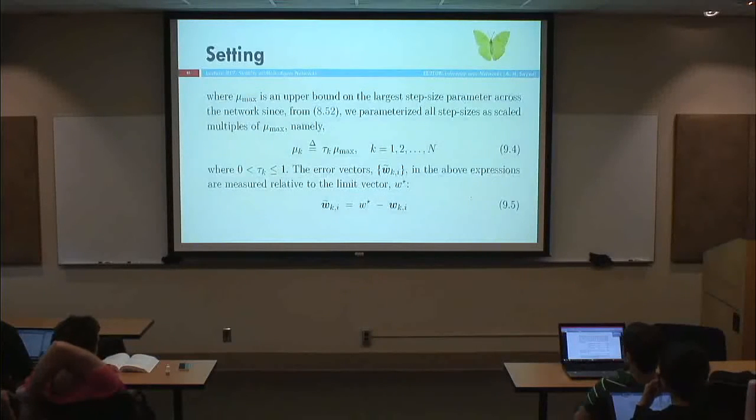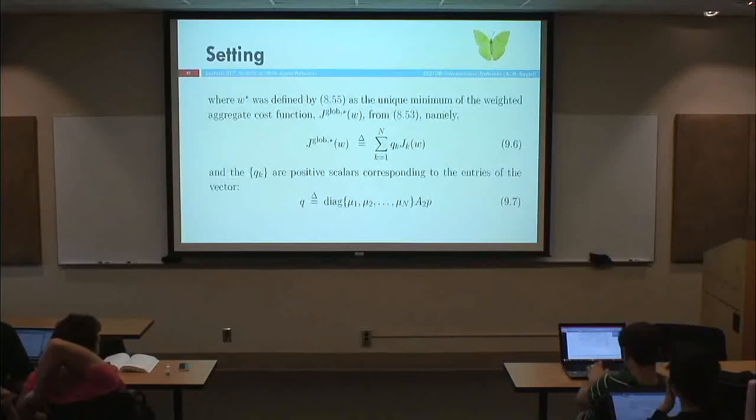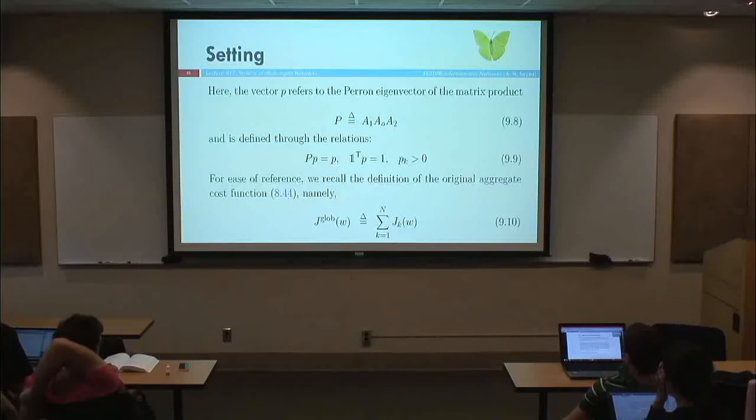Okay. So I'm just reminding you of the definitions for the step size and the error, of the global cost, the weighted cost, and the definition for Q, because I'm going to be using it in proving the next statement, of E, of the Perron eigenvector, and of the unweighted global cost.